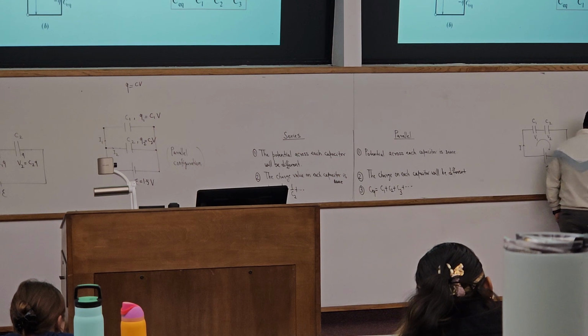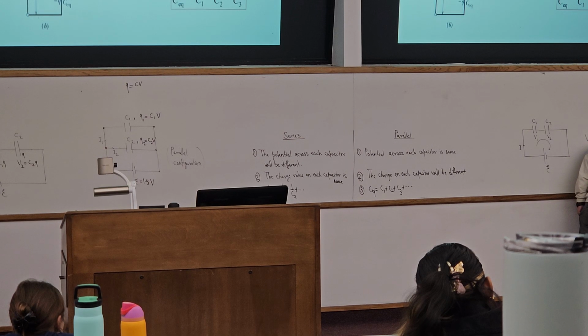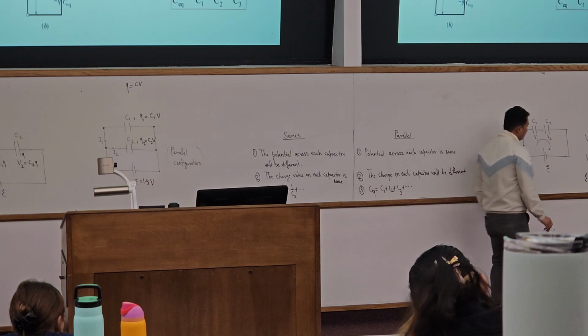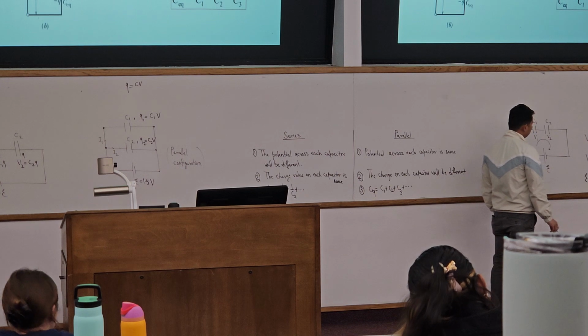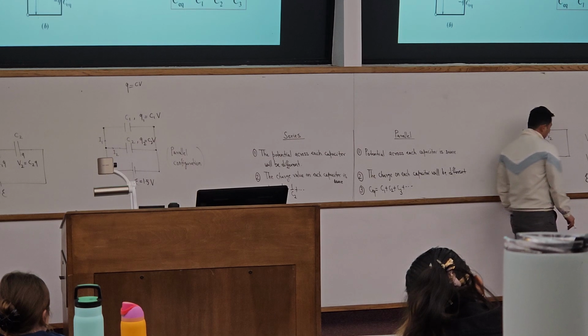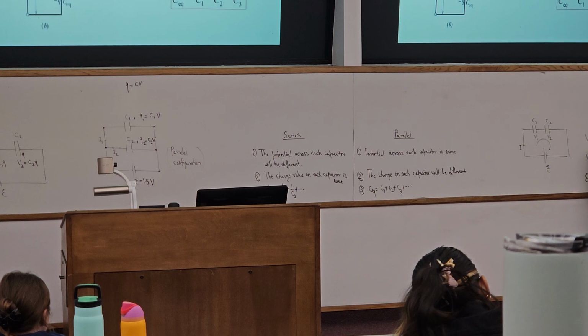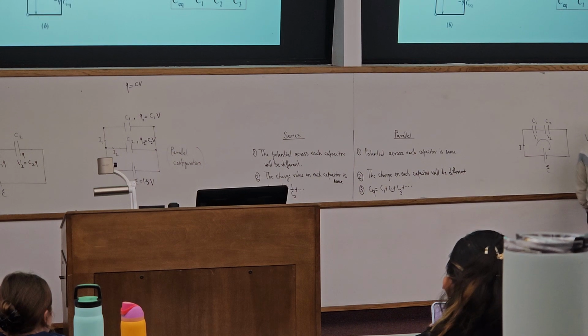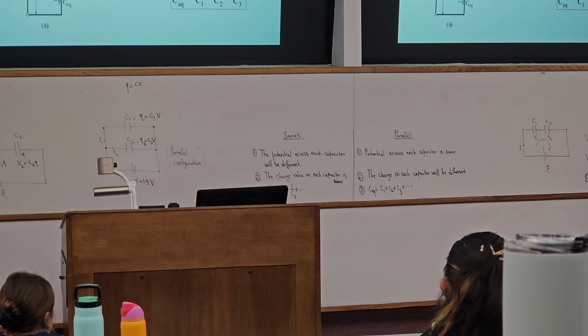You have Q times 1 over C1 plus 1 over C2. You are almost there. So I can write E equals Q times 1 over C1 plus 1 over C2.